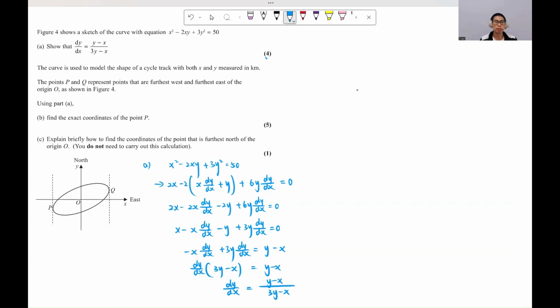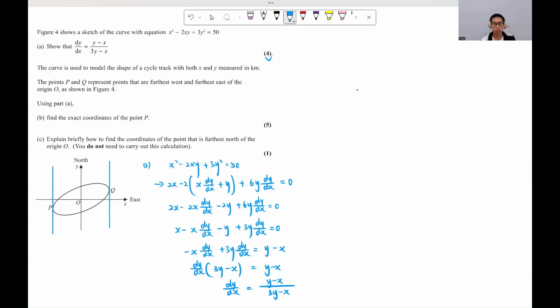Okay, part A done. And then part B. The points P and Q represent the points that are furthest west and furthest east of the origin, as shown in figure 4. And then using part A, find the exact coordinates of point P. Okay, so if we look at those two lines, clearly this is a vertical line, and the vertical lines only intersect at P and Q once, so that would be the tangent.